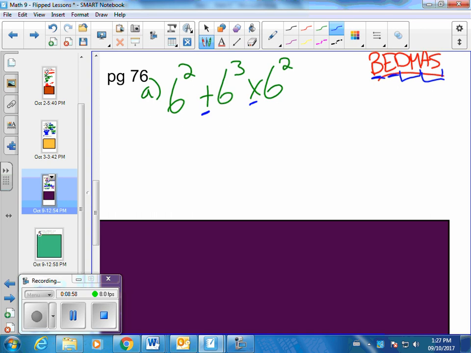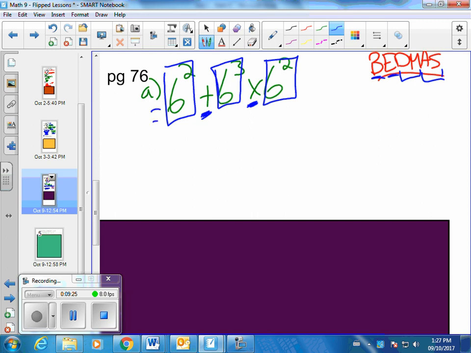This is where we have to get a little bit cute with the way that we think about our order of operations. Technically, I'm supposed to solve my exponents before I multiply. But I know that I have to multiply before I add. I'm also going to take this opportunity to simplify it for myself.